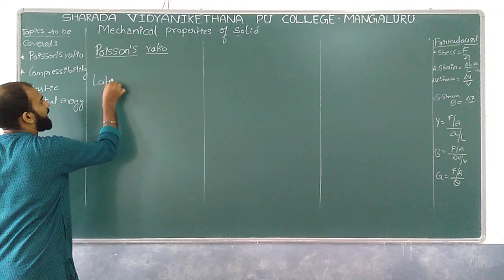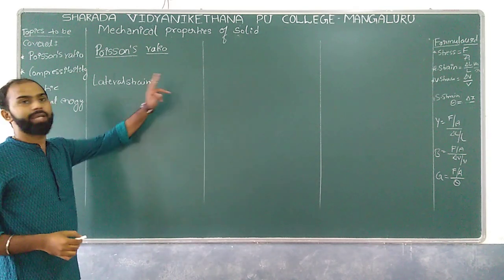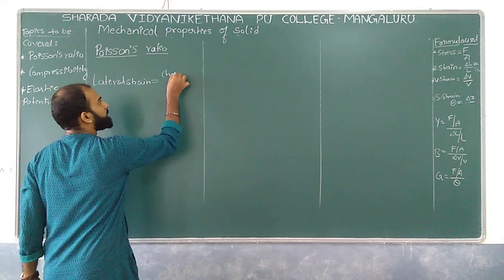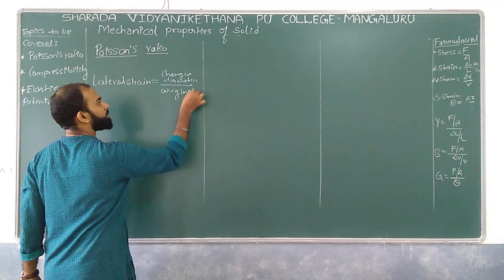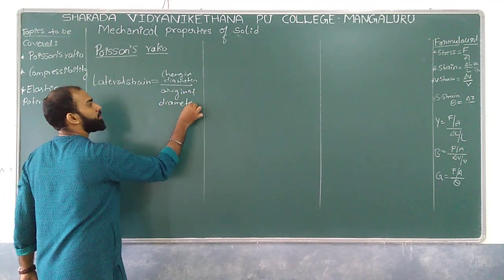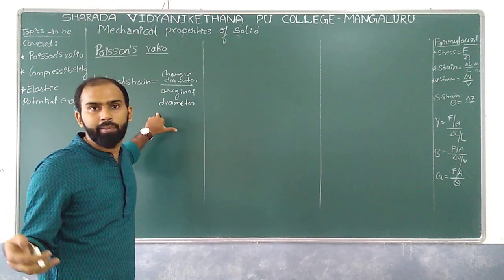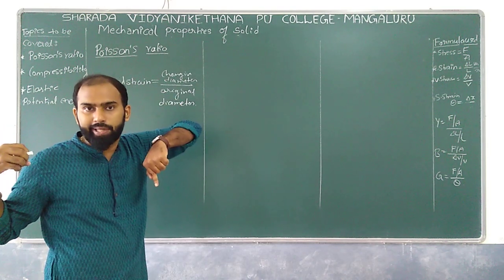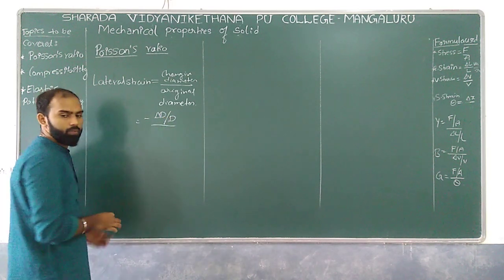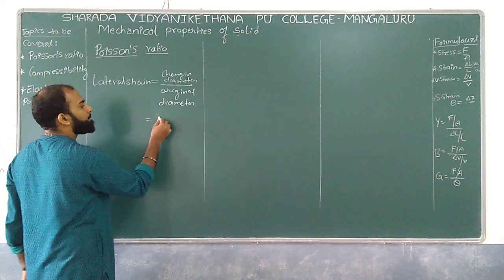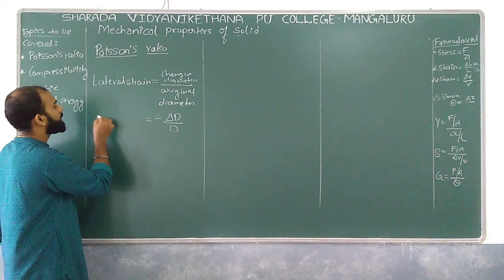Before we get into Poisson's ratio, we need to know one more definition, that is lateral strain. The lateral strain is the change in diameter to the original diameter. When we stretch, there will be a decrease in diameter, so I have minus delta D divided by D, the original diameter, which is equal to the lateral strain.